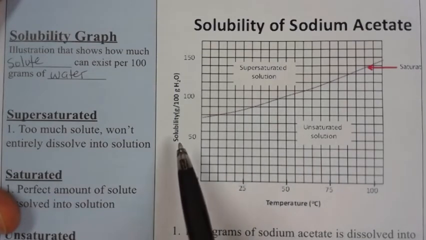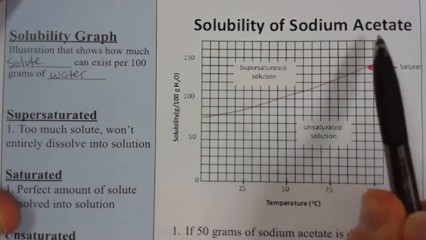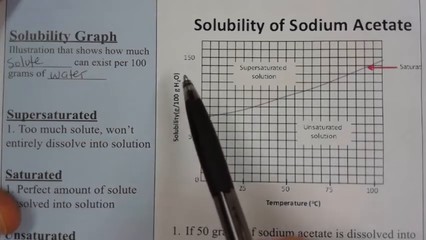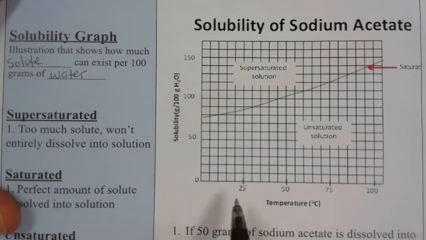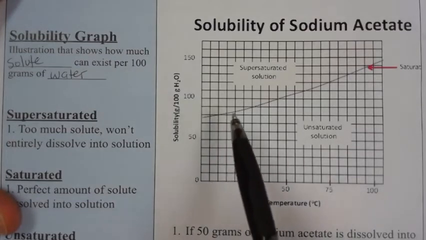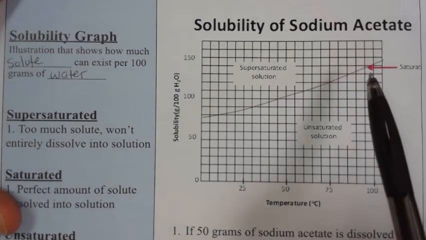So on our y-axis, we have the solubility of our solute, which here happens to be sodium acetate, right? And that's per 100 grams of water. And then down here, we've got a temperature, which shows us that as we increase the temperature of our water, we're actually able to dissolve more of our solute into the solution, right?